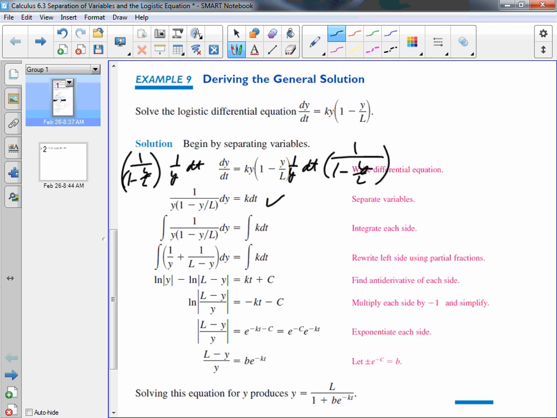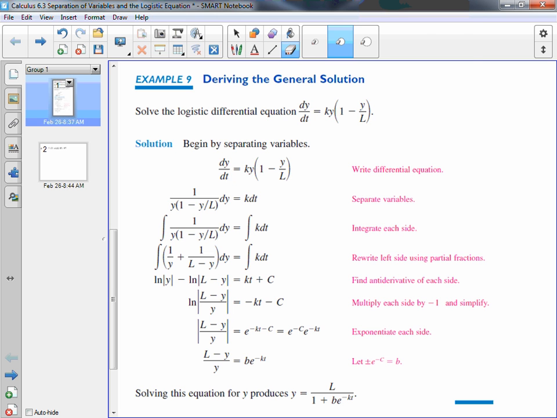Okay? Then you integrate both sides. So that's what they're doing right here. And then the one on the right, that one's easy to solve. It's just the integral of a constant dt. The one on the left, though, requires a little work. But it's not quite as bad as you might think at first, because if you rewrite this into, look what they did there.